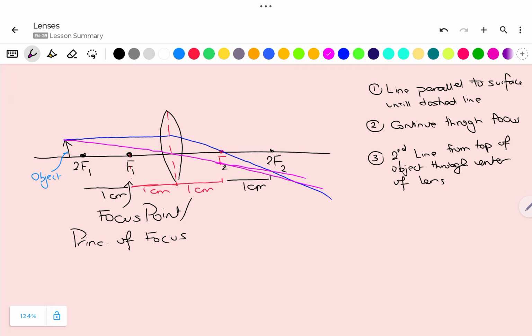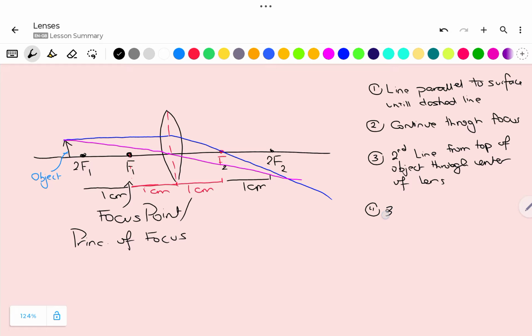Okay, and then we're going to have a third line. As I told you, we're going to have 3 different lines, which is going from the top of the object as well, but this time it's passing through.